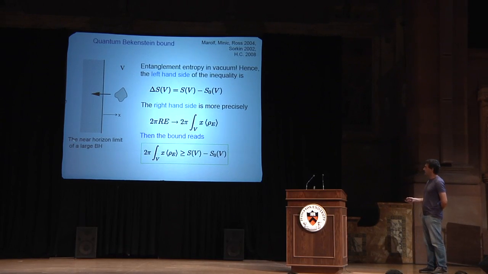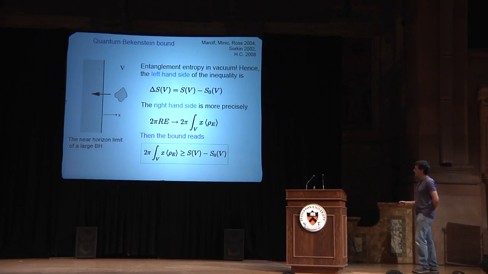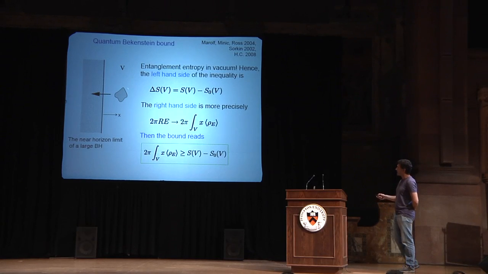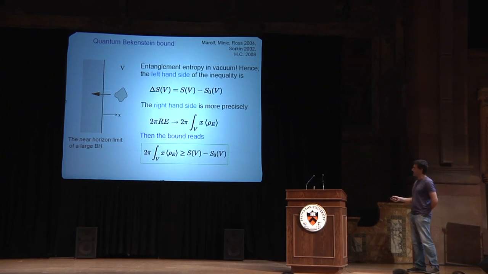Let us simplify the problem. We put some object, and here is a half space, so this is a Rindler horizon. And the experiment is just to put the object crossing the horizon. So the entropy before it crosses the horizon and after crossing the horizon includes the entanglement entropy of the vacuum in the region.